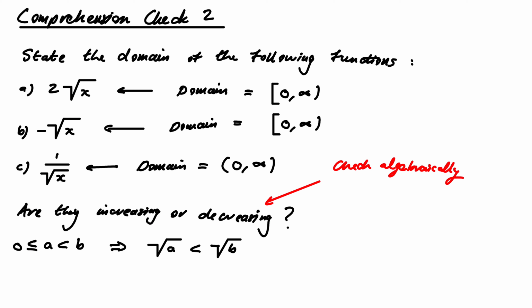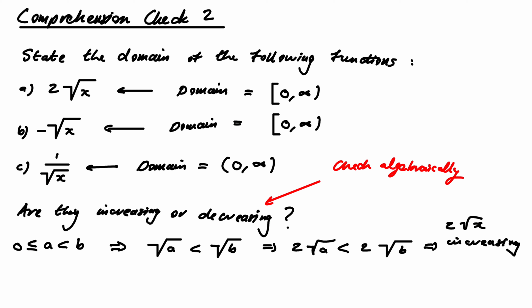And finally, well, it's 2. Well, if I multiply by 2, it doesn't affect anything because it's positive. So this implies that 2 root x is increasing.